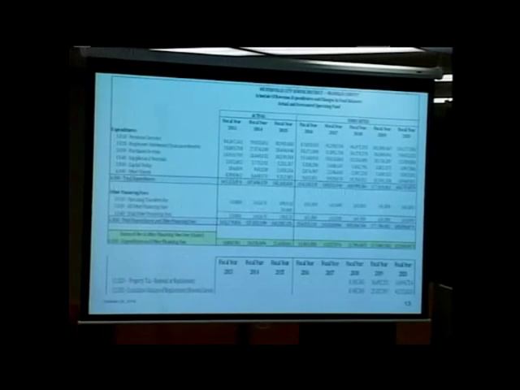This is a personal services summary. Again, the green line is the difference in revenues versus expenditures. This is just a summary of where we were. The bottom lines down here are the amount of levy that would be put back in place if it passes. If you see $23 million on this line, it says you're $23 million short.